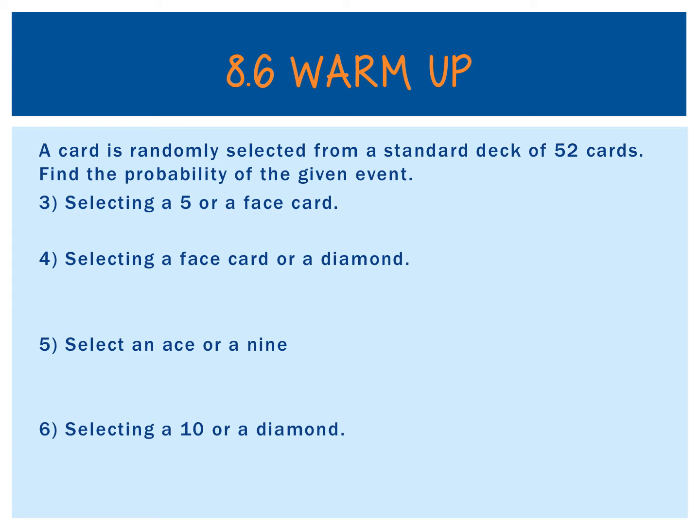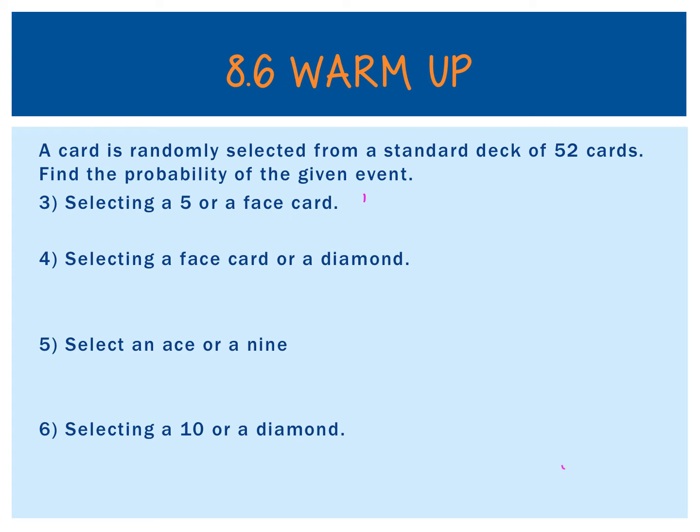We'll get to some and statements today, but it says a card is randomly selected from a standard deck of 52 cards. Find the probability of the given event. So number 3 says a 5 or a face card. So this is again an or. Is it possible for something to be both a 5 and a face card? No, so these are mutually exclusive. And so for these, I simply just add the two probabilities.